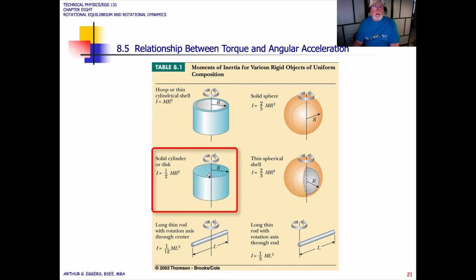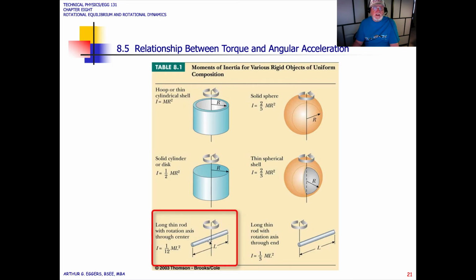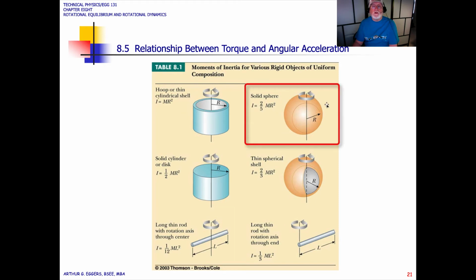If we turn this solid cylinder or disk into a long, thin rod with a rotational axis through the center of the rod, okay, pay attention to that, we have the moment of inertia equal to 1/12 of the mass times the length squared. Now, if we move to a solid sphere, the moment of inertia is 2/5 of the mass times the radius squared.